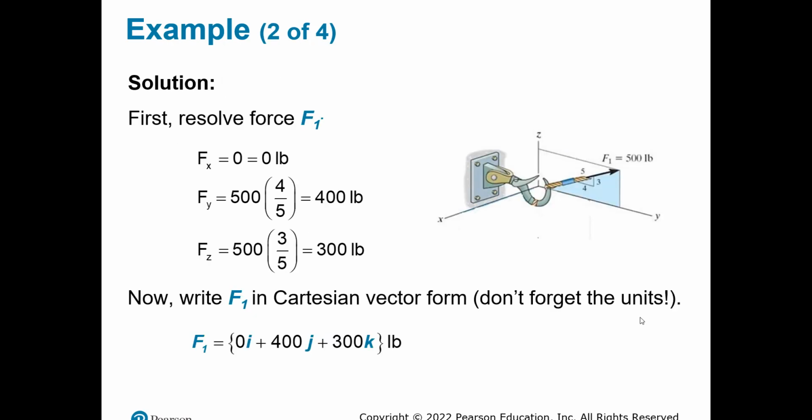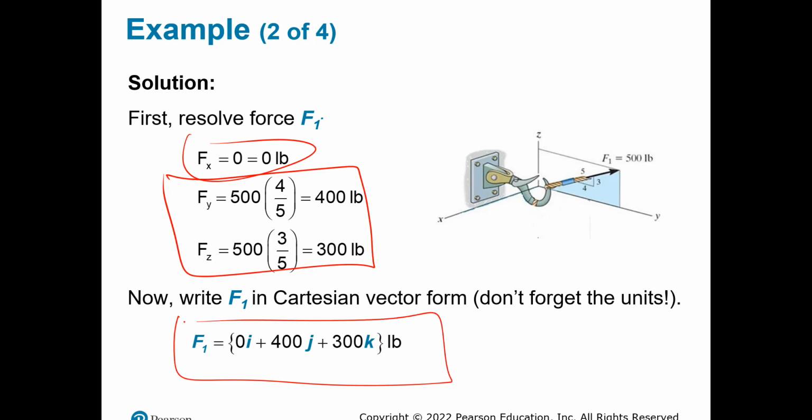So if you have, for example, F1, and we'll just focus on F1 itself, it's equal to 500 pounds, and then we will use the similar triangles method in order to find its components on the y-axis and the z-axis, and those components are given right here. There's no Fx component, because it's 0. The forces are not acting in that direction. So now we will write F1 in the Cartesian form, which is given by this.